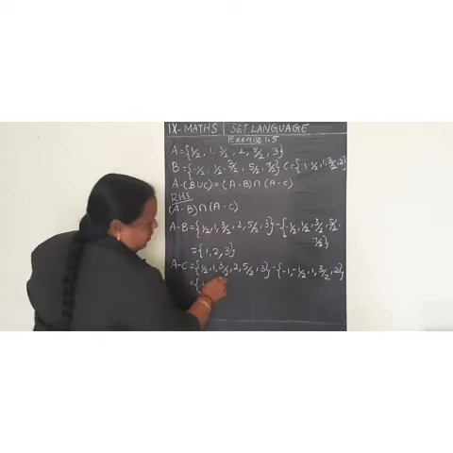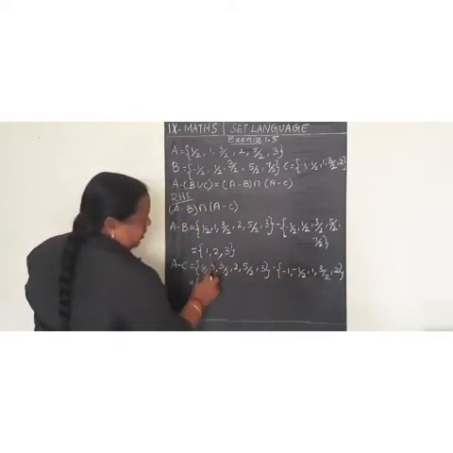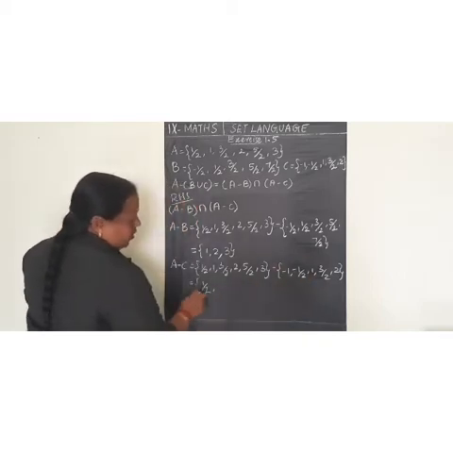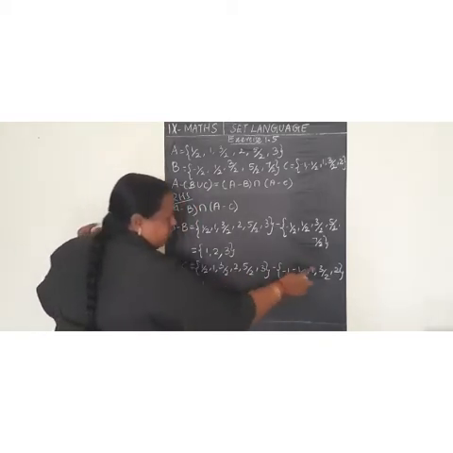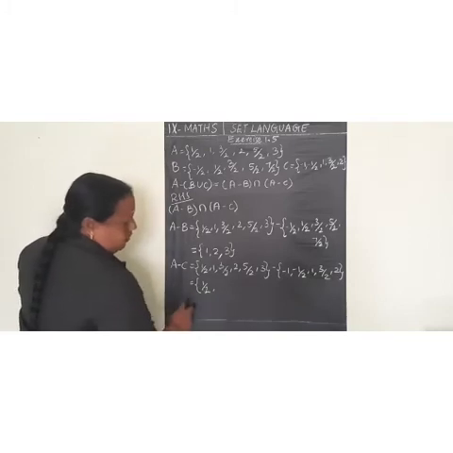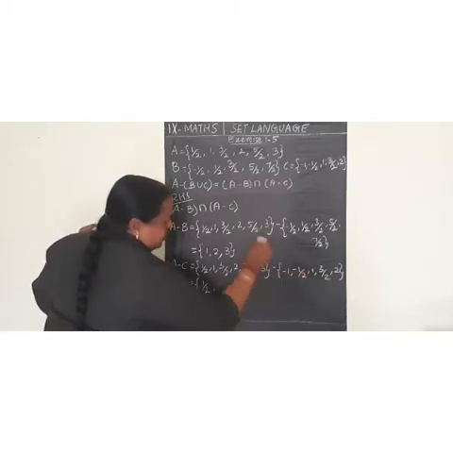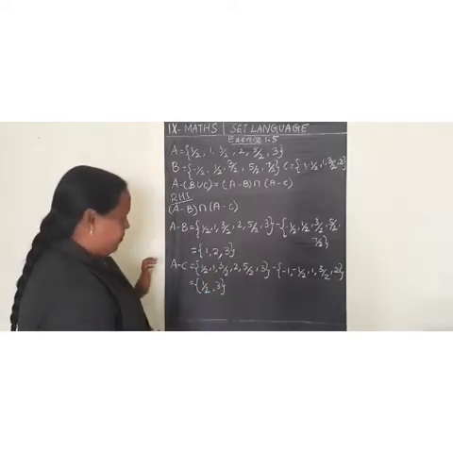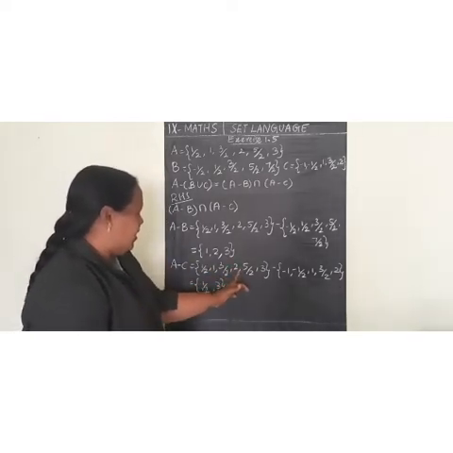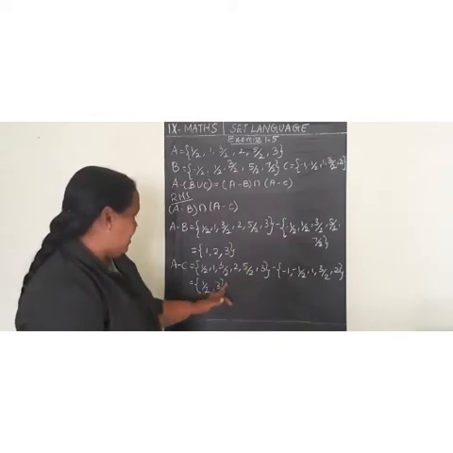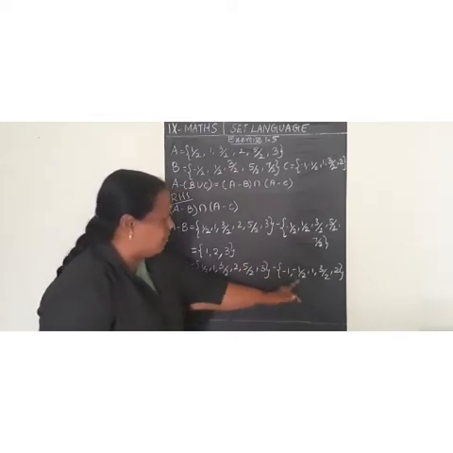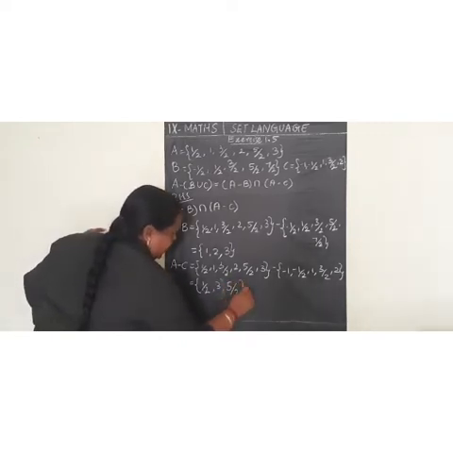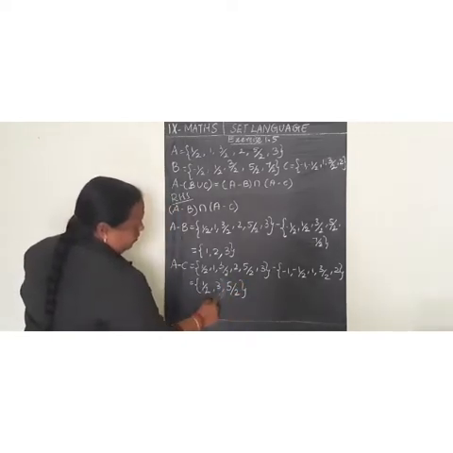Next element is 1, present there, so we won't write that one. Next element is 3/2, present there, so we won't write that one. Next element is 2, also present there, so we won't write that one. Next element is 3, not present in the set C, so we write 3. Next, 5/2 is not present there, so we write 5/2 also. So A minus C is {1/2, 3, 5/2}.